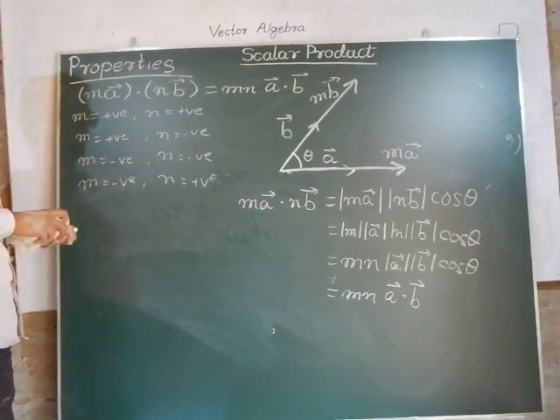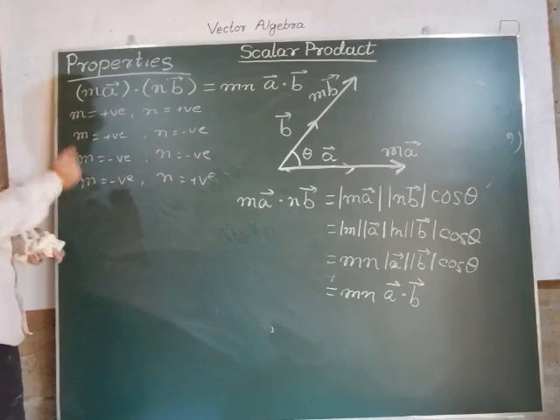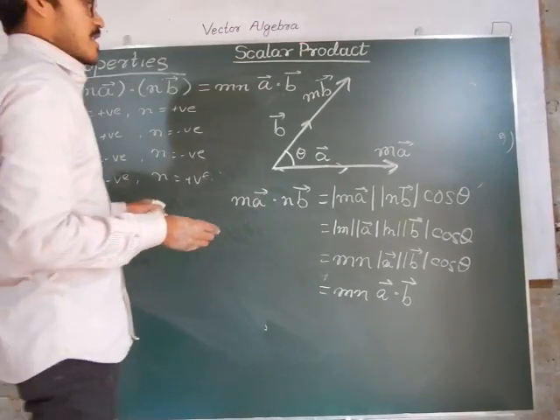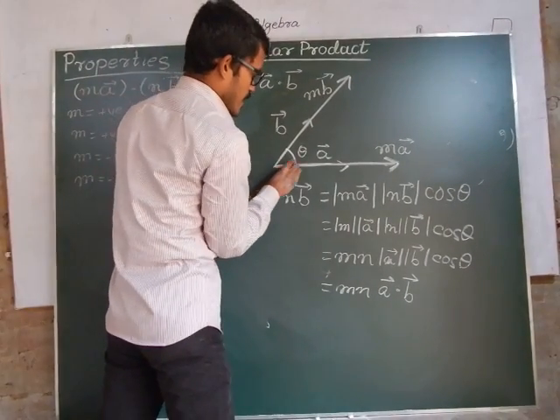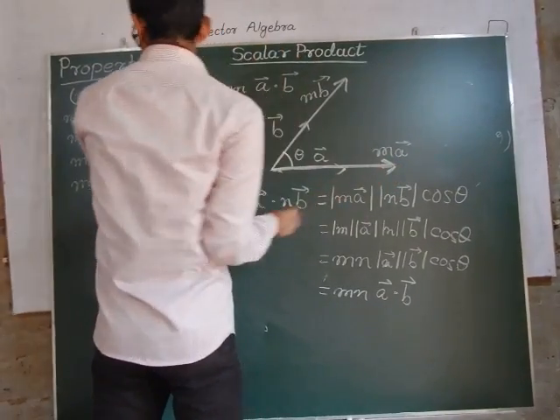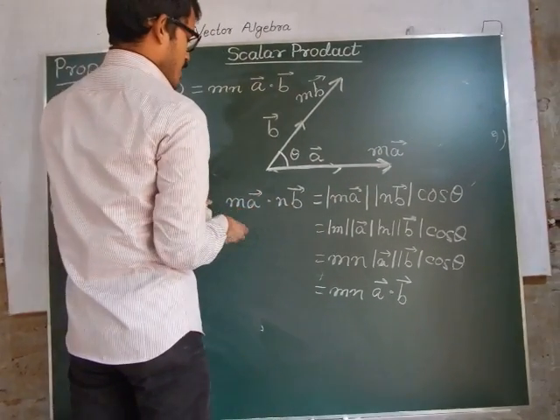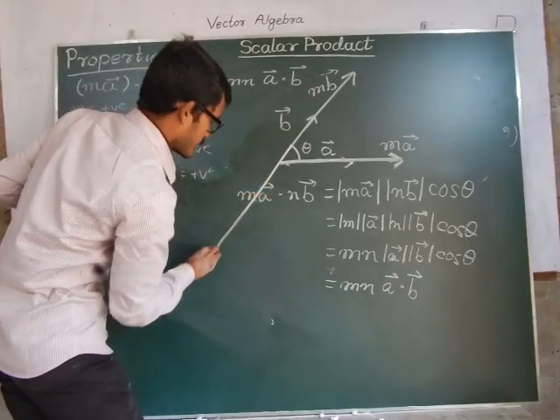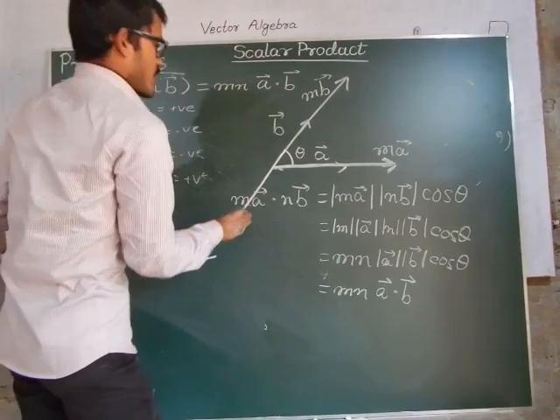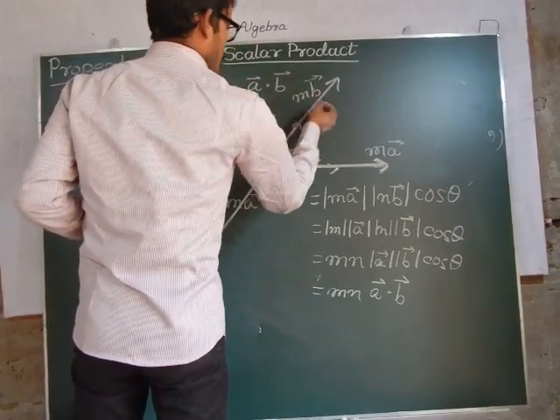In the next case, we prove it. If m is positive and n is negative, then ma is this vector, and nb is this vector, meaning direction opposite to b.